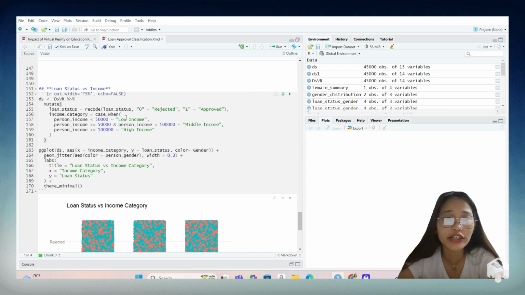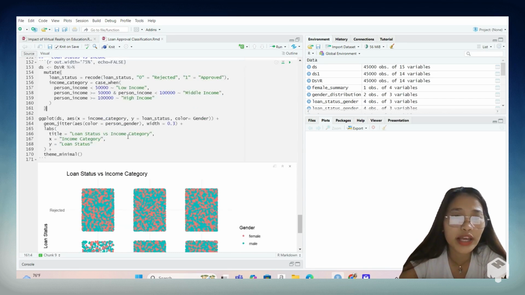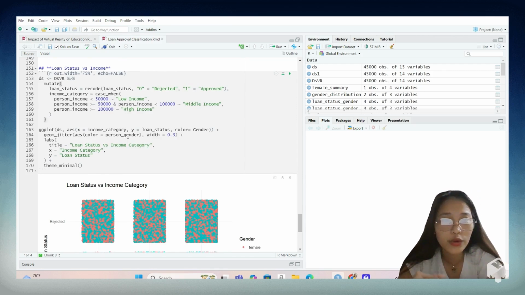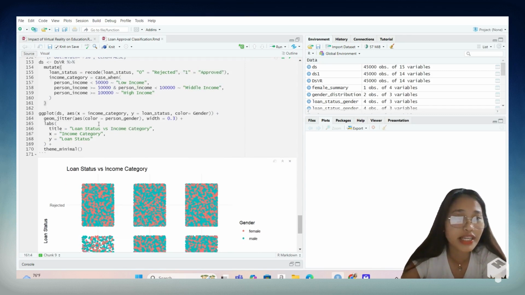If it's greater than 50,000 and less than 100,000, that is middle income. And person income greater than or equal to 100,000 is high income. I used it this way for better visualization of the data to show the low income, middle income, and high income. So that is Geom Jitter.